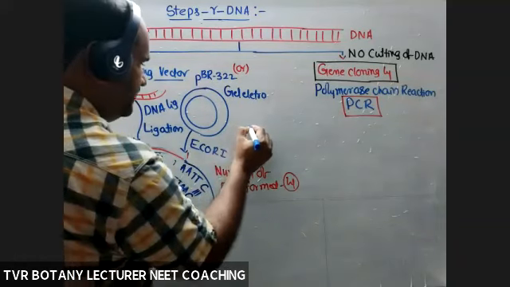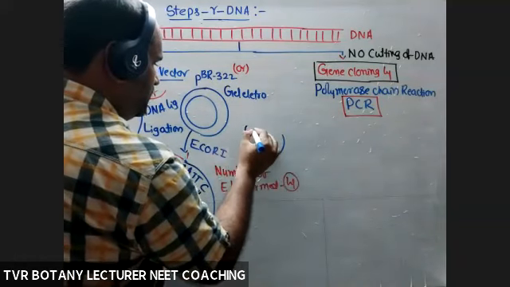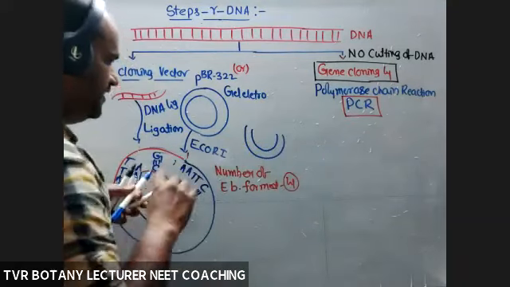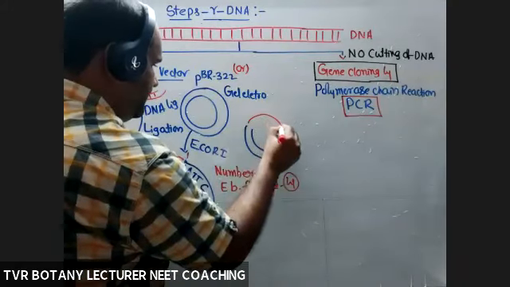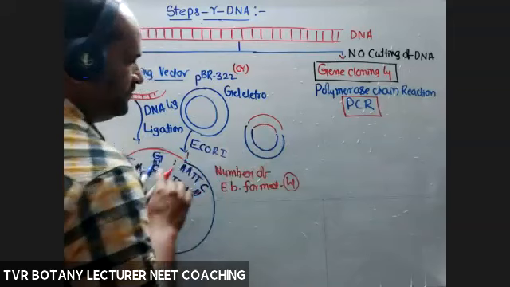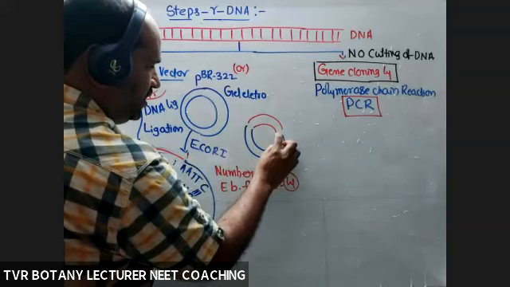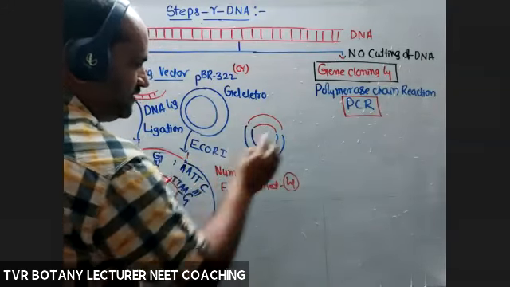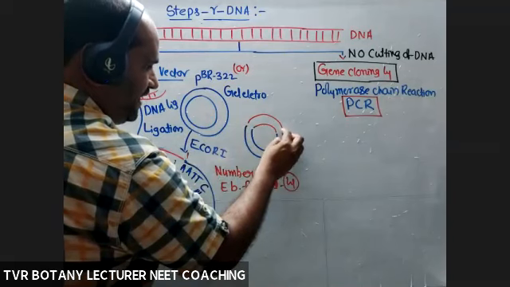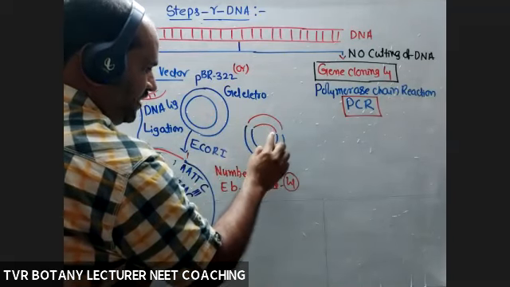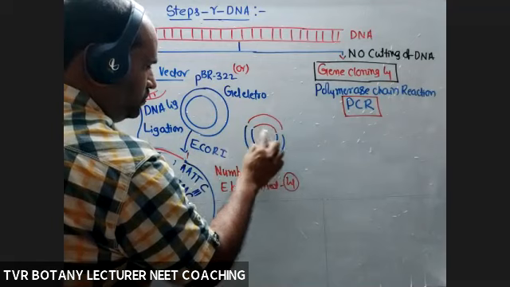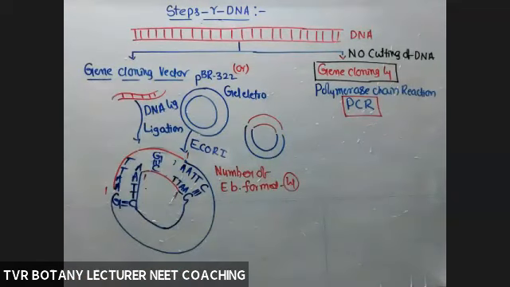I'll show you here: plasmid, desirable gene. Cut: 1, 2, 3, 4 cuts. So at the cut ends, one ester bond each, 1, 2, 3, 4 ester bonds, for example between G and A.